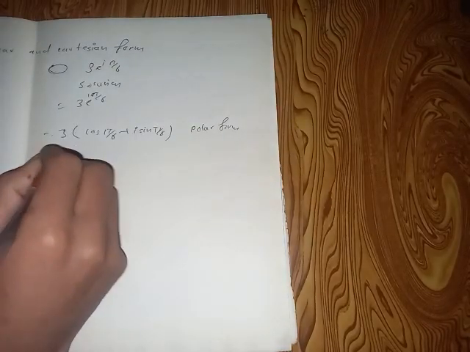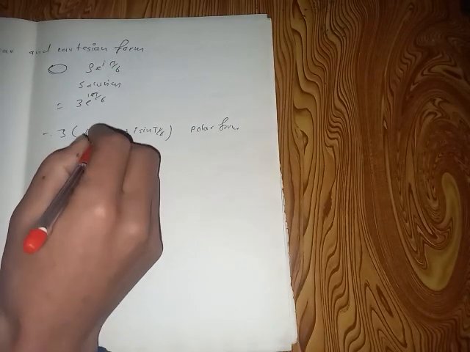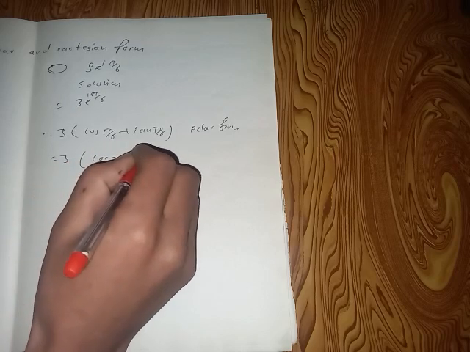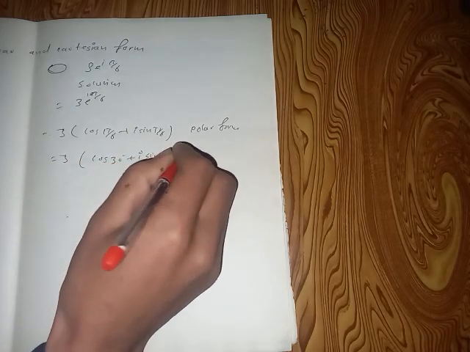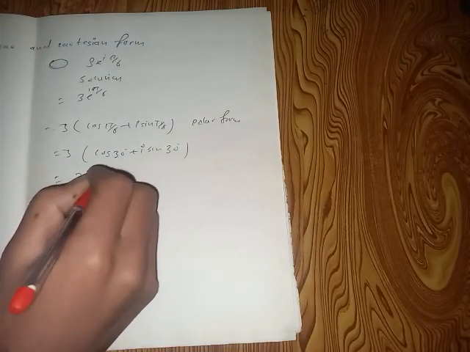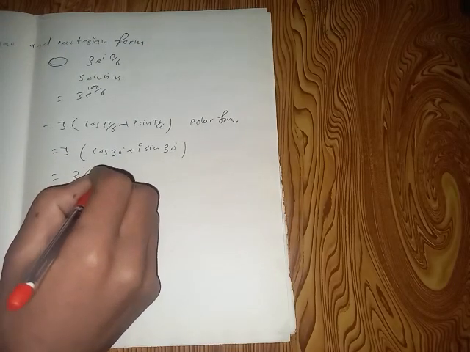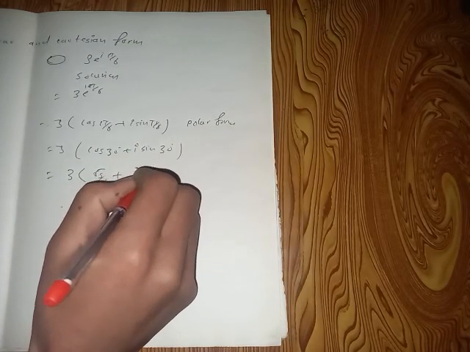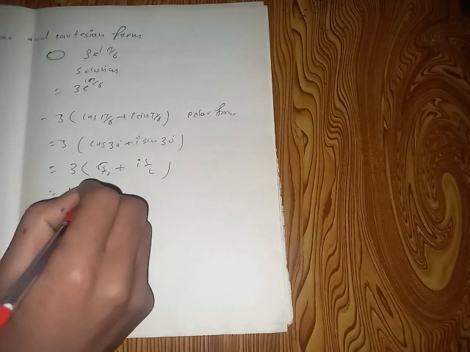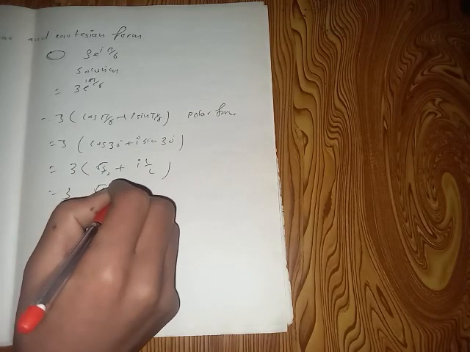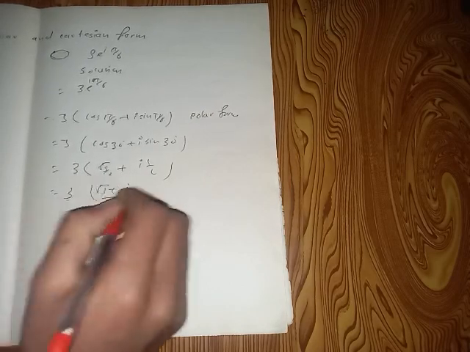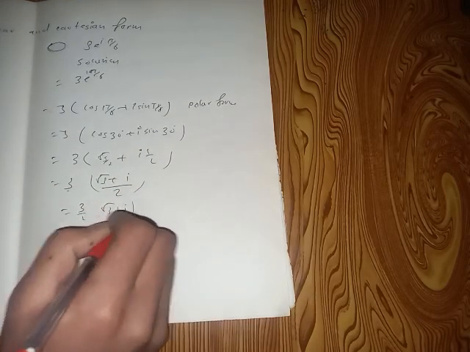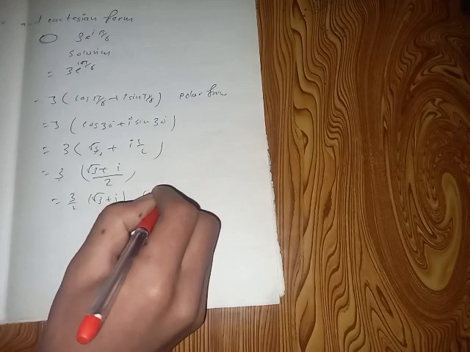And 3 cos pi by 6 means cos 30 plus i sin 30. The value of cos 30 is under root 3 by 2 plus i, the value of sin 30 is 1 upon 2, so that 3 by 2 under root 3 plus i. This is called the Cartesian form.